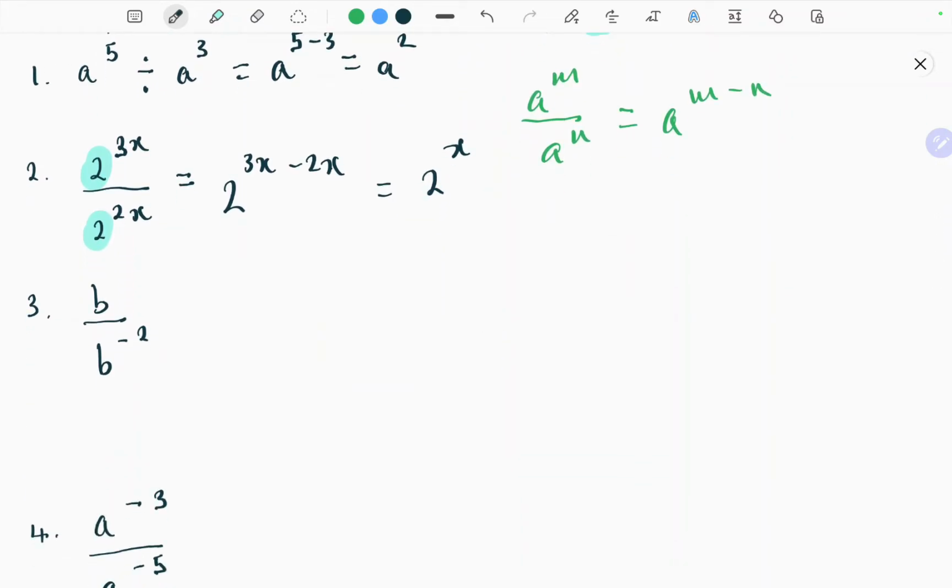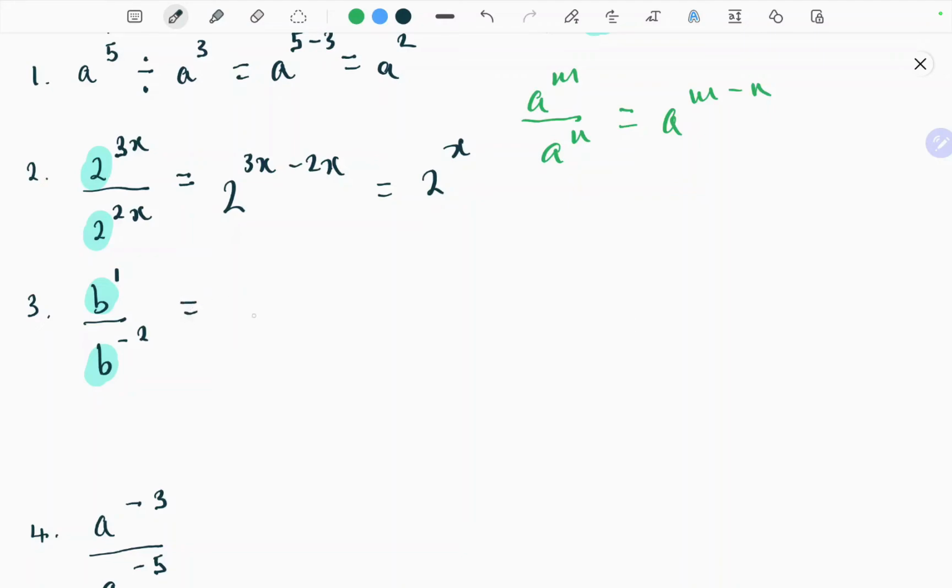This is quite an interesting question. By inspection again, b is the same, but now the exponent is not given, and we know that by default it should be 1. Please don't forget that when the exponent isn't given, like for instance b to the power of 1 is b, you just write the 1.